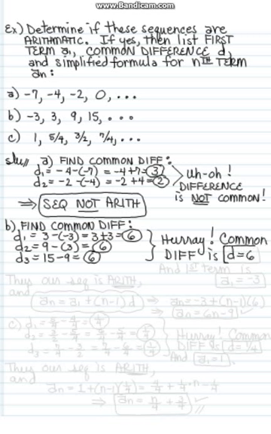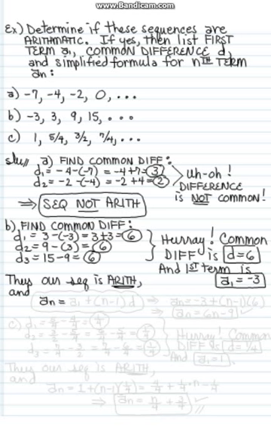That's one of the things they asked us for. Also, the first term in this list, a sub 1, is found by just looking at the list. The first term, a sub 1, is equal to -3. And then to get the nth term, our sequence being arithmetic means that we can use a formula: a sub n equals a sub 1 plus n minus 1 times d.